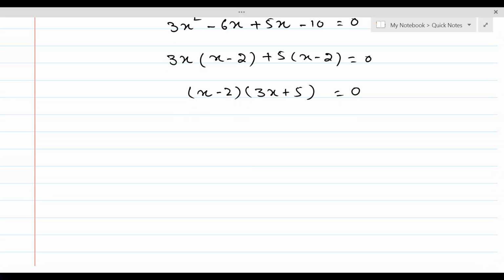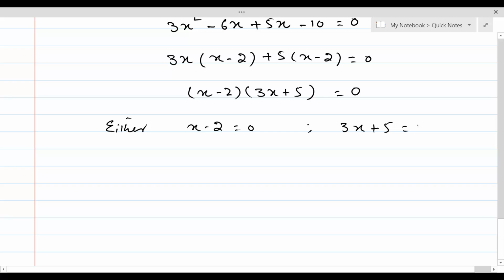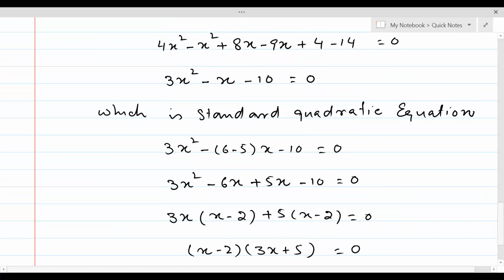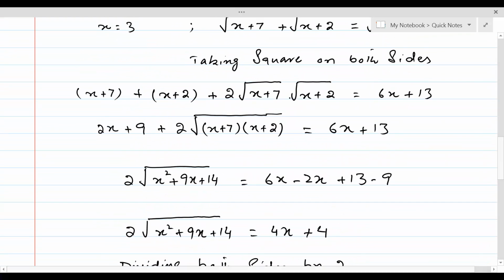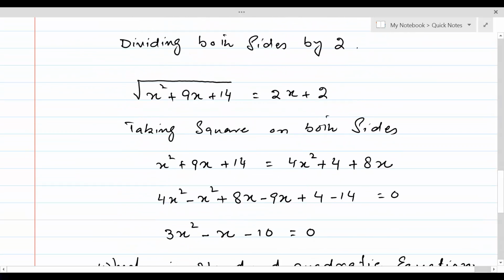Since the product of two real numbers can never be equal to 0 unless one of them is equal to 0, so either x minus 2 is equal to 0 or 3x plus 5 is equal to 0. Here x becomes equal to 2 and x becomes equal to minus 5 over 3, and we already have one root which we calculated above, that was x equal to 3.